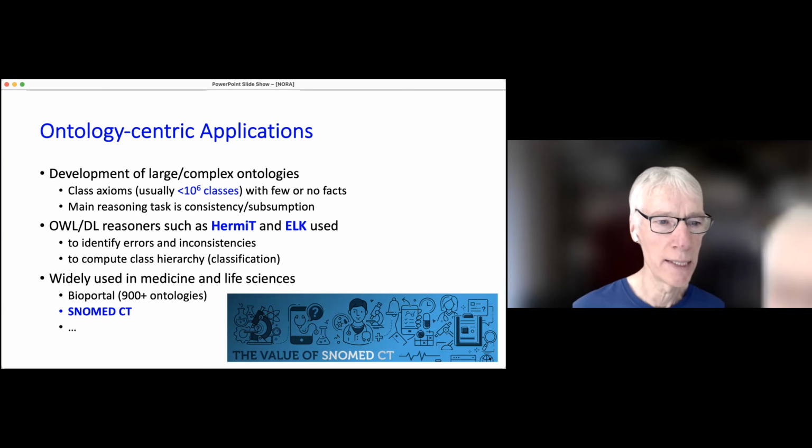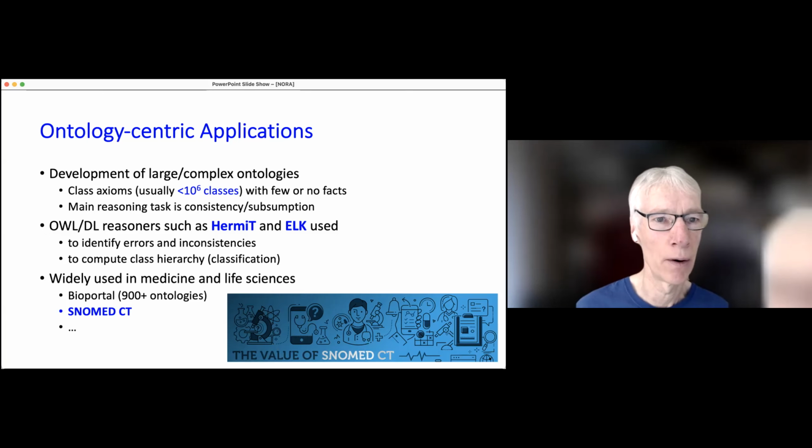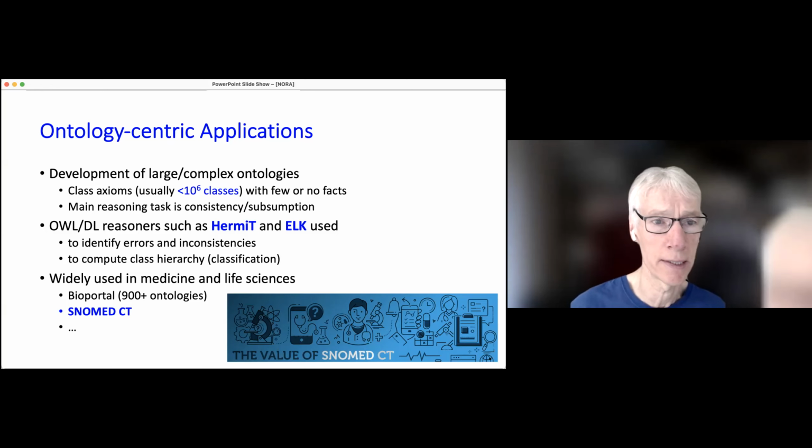And the main reasoning task in these kinds of applications is computing the taxonomy, so the subclass-based hierarchy of these different classes or concepts, as they're sometimes called, in the graph or ontology, as it's often called. And DL-derived OWL reasoners such as HermiT and ELK were used for this process. And as I say, they were very successful.